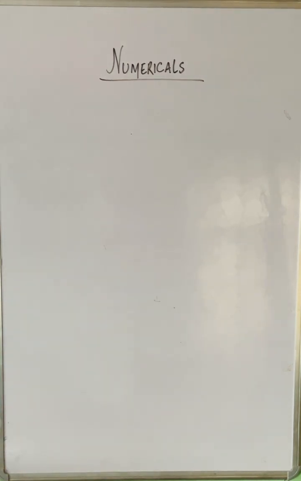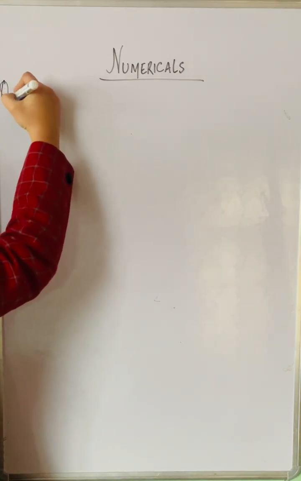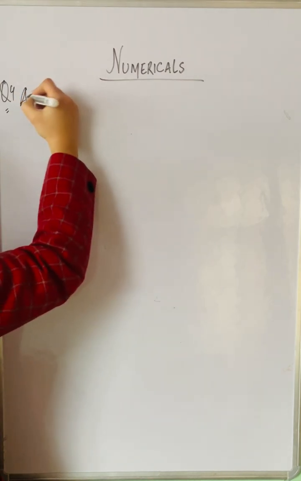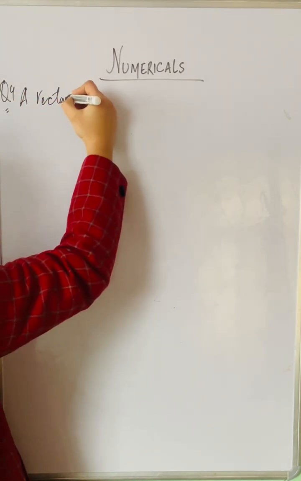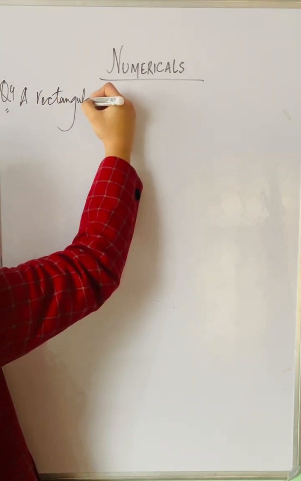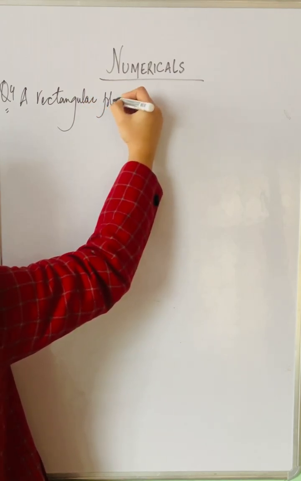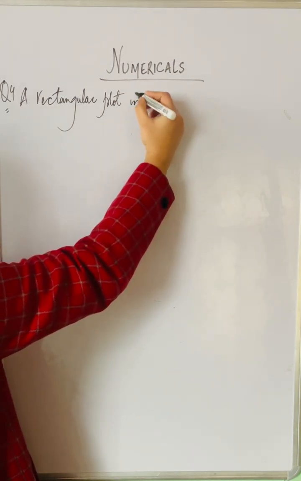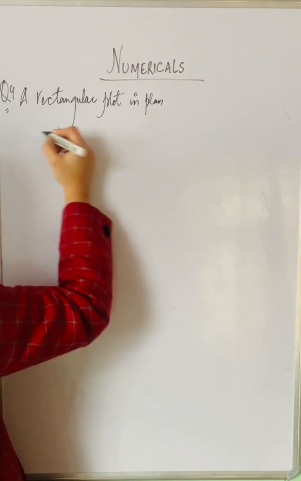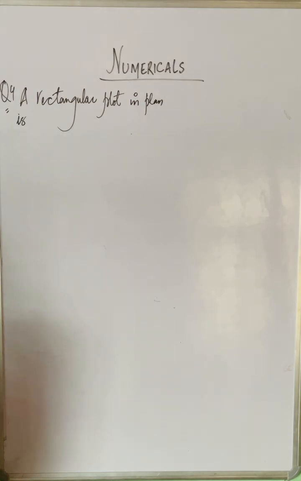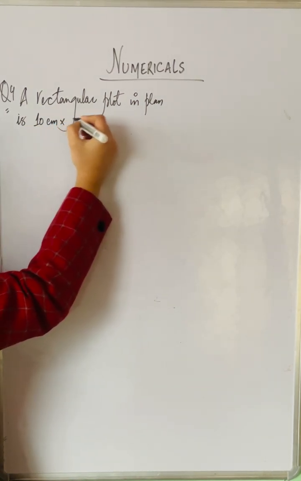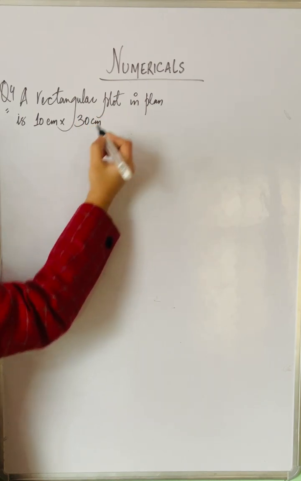Question number 4. Question number 4 is a rectangular plot in plan is 10 centimeters cross 30 centimeters, right?